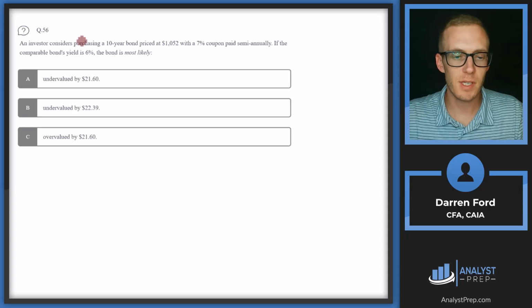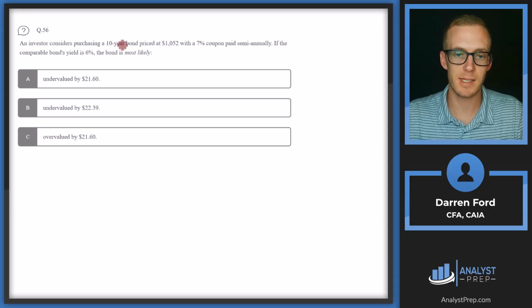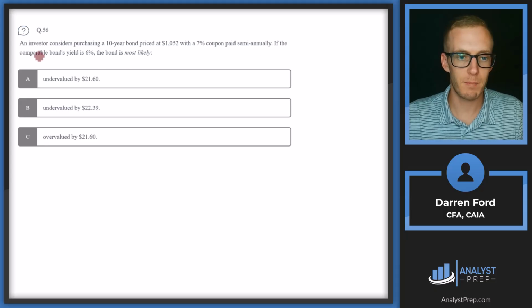Answer B. Question 56. An investor considers purchasing a 10-year bond priced at $1,052 with a 7% coupon paid semi-annually. If the comparable bond's yield is 6%, the bond is most likely A, undervalued by 21.6, B, undervalued by 22.39, or C, overvalued by 21.6.